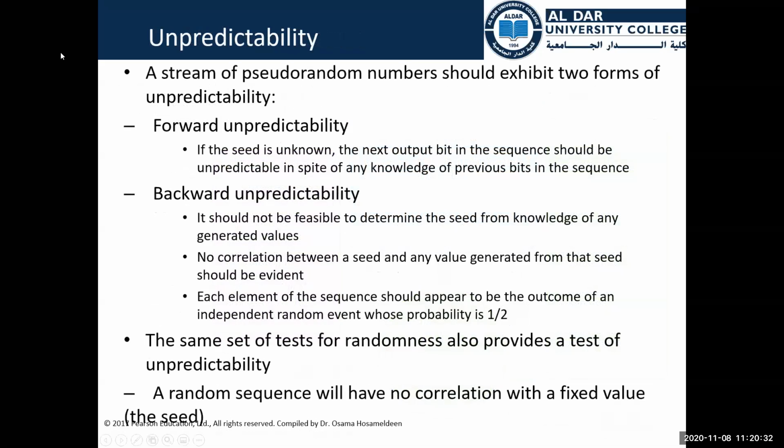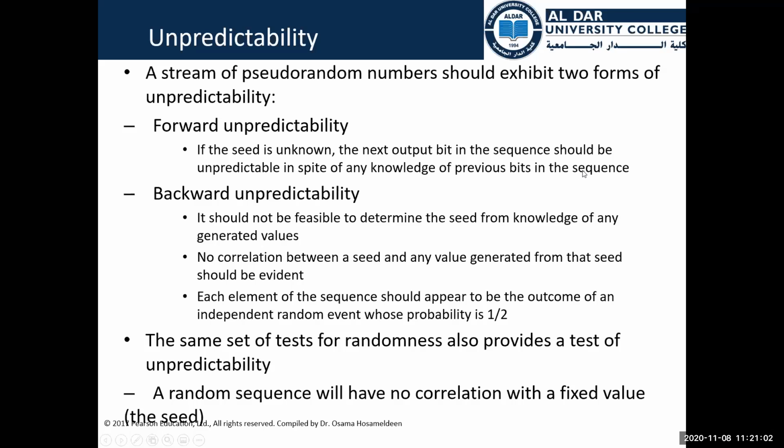So here, unpredictability: the stream of pseudo-random numbers should exhibit two forms of unpredictability, forward and backward. The forward means if I have the seed, the next output bit in the sequence should be unpredictable in spite of knowledge of previous bits in the sequence.